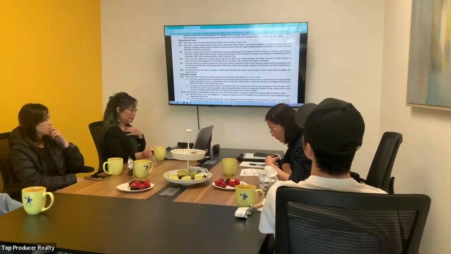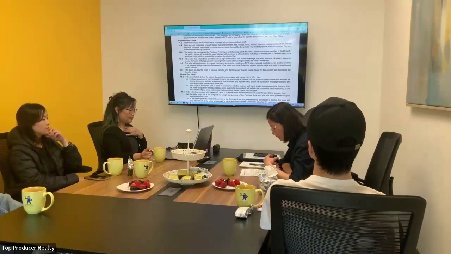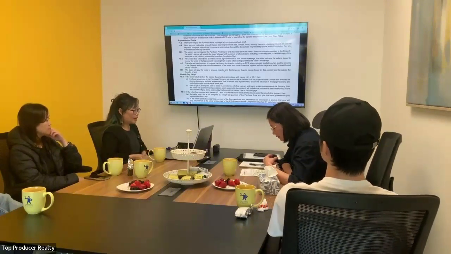Point 3, the buyer will pay the purchase price by lawyer's trust cheque or bank draft.